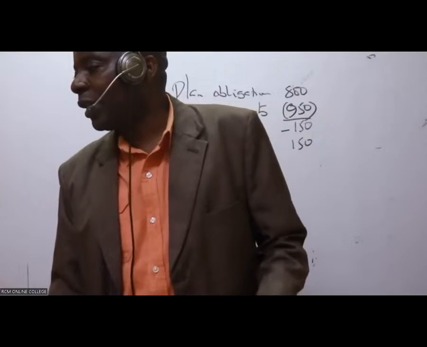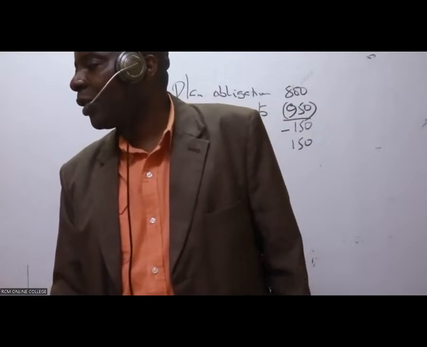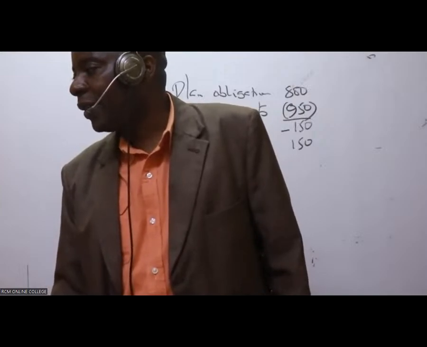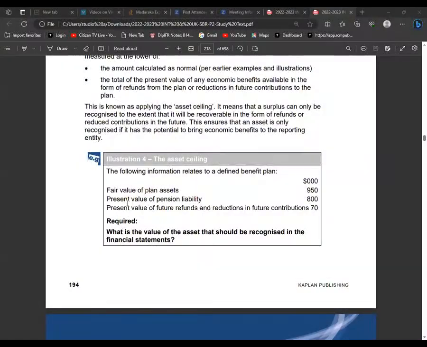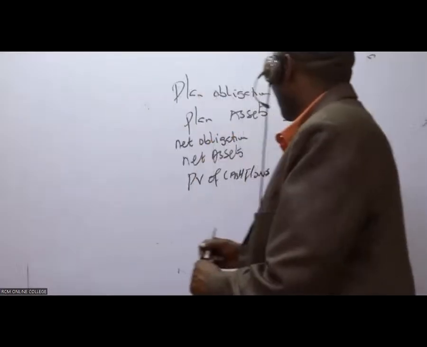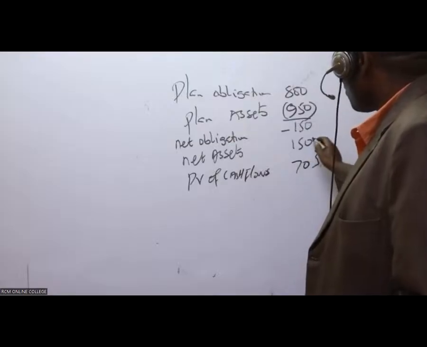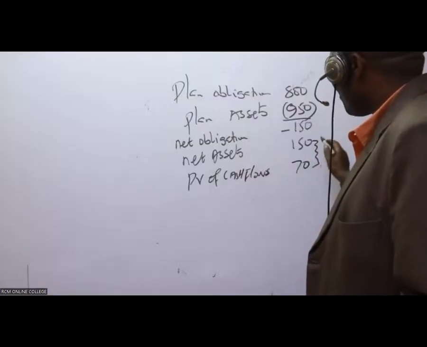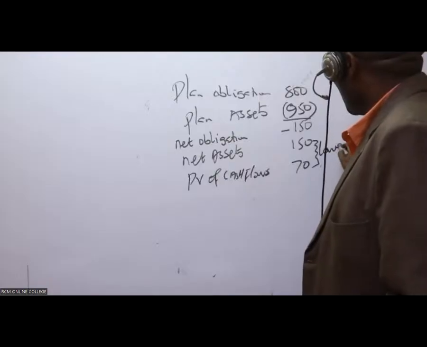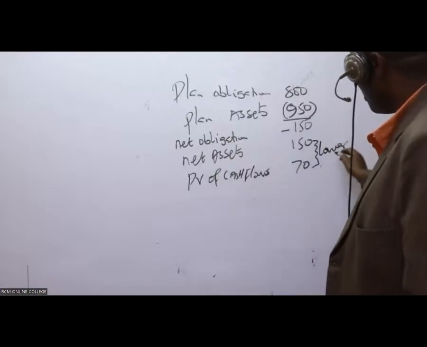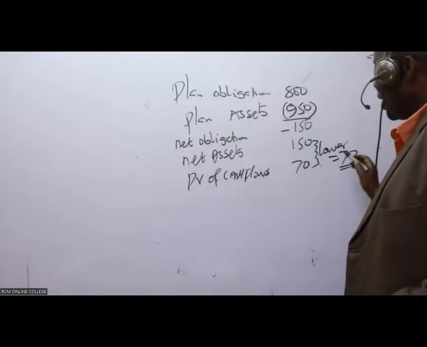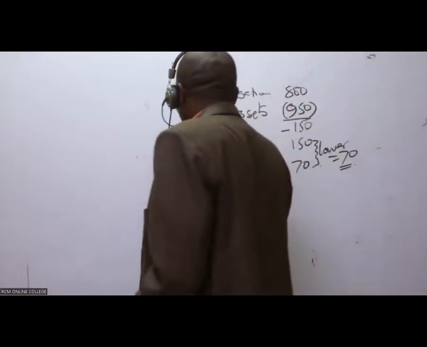The present value is 70. Then you compare the two. To get the ceiling, you compare the two and pick the lower. Always pick the lower. So the lower here is 70.